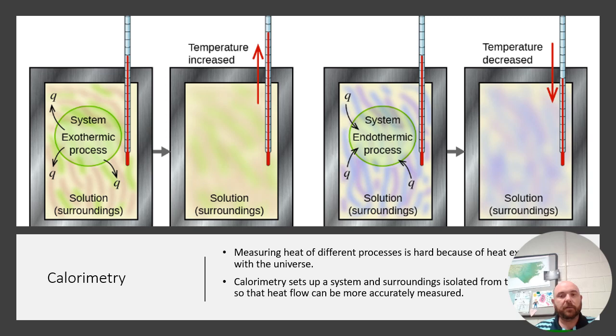Typically, the surroundings that we're measuring is a solution, oftentimes water, that we can directly measure the temperature change of. And if we know exactly how much water is there in those surroundings, then we can get an idea of how much energy was released or absorbed by certain processes by just measuring how much temperature change we have in that specific mass of water.